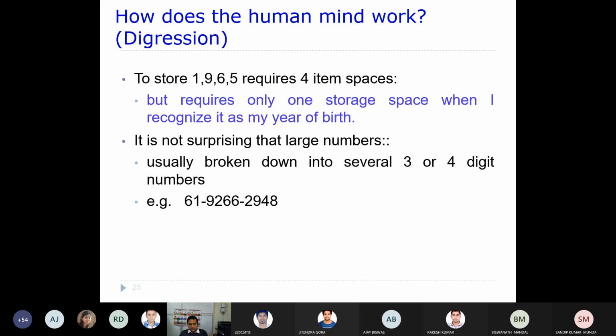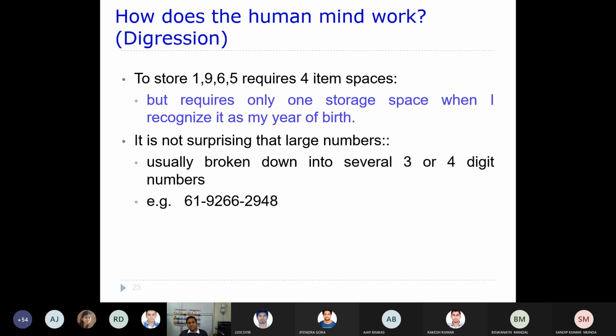So now what will happen, whenever you are storing some number like 1965, these are four items that need space. But you can easily recognize something.